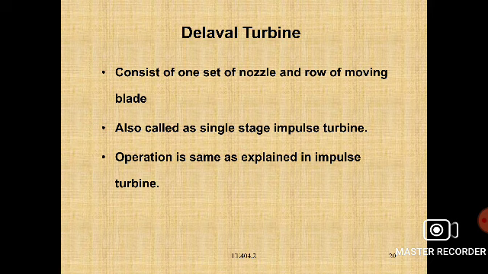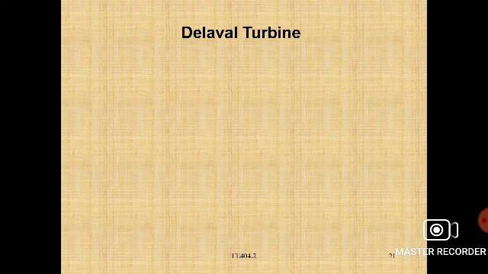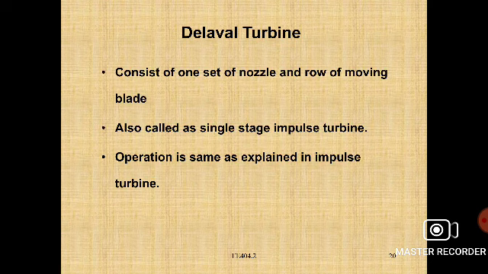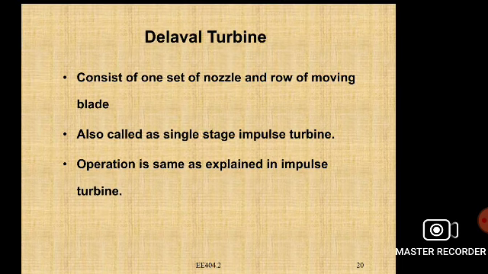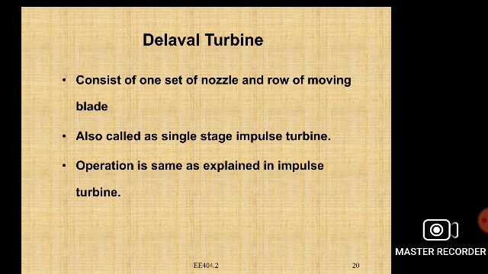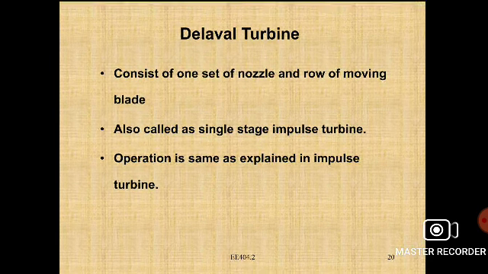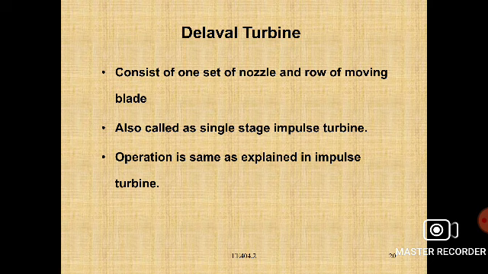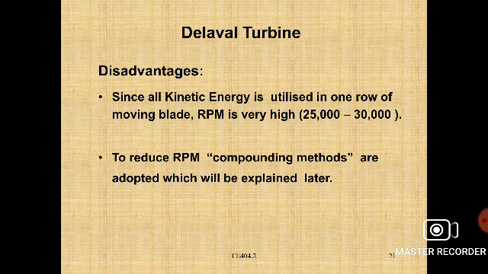It consists of one set of nozzle and one row of moving blades on the rotor, also called a single stage impulse turbine. Operation is the same as explained. Right, advantages and disadvantages.